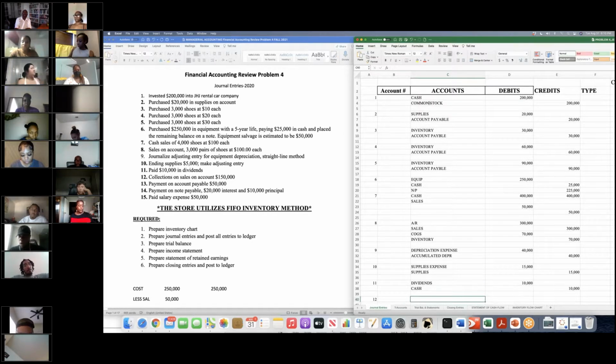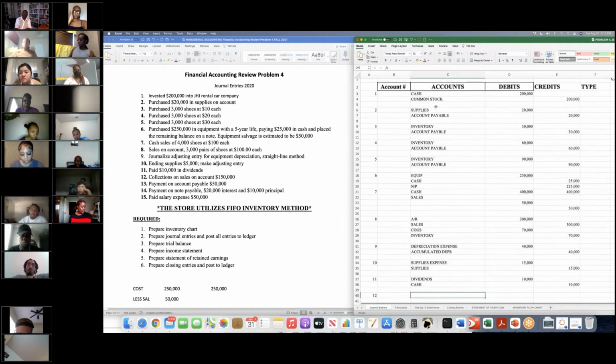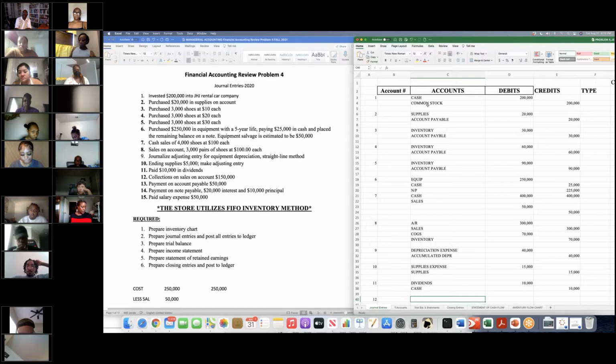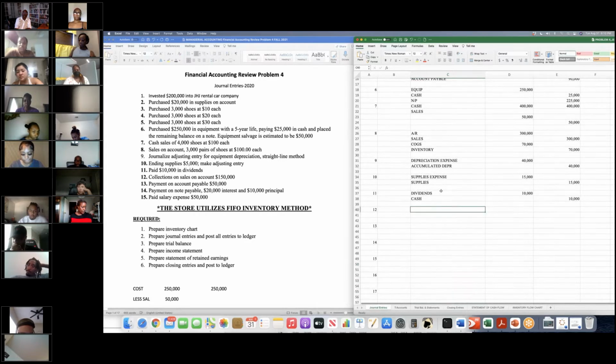Remember, you issued the stock here in the first journal entry. You can't get your money back from the stock, but if the company makes money, you can pay yourself dividends. Okay? So that's number 11. What's happening in number 12?